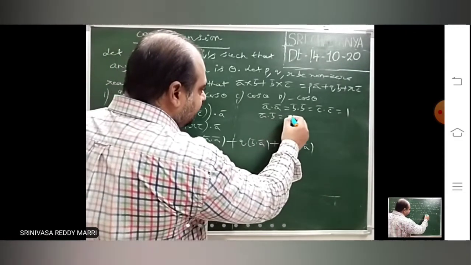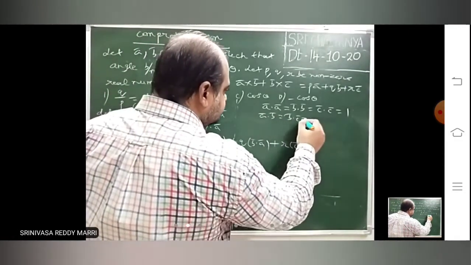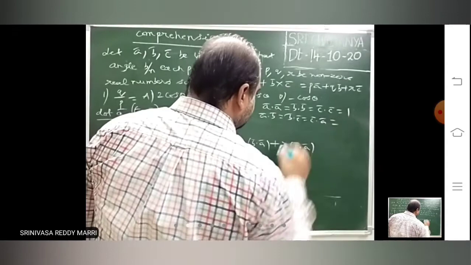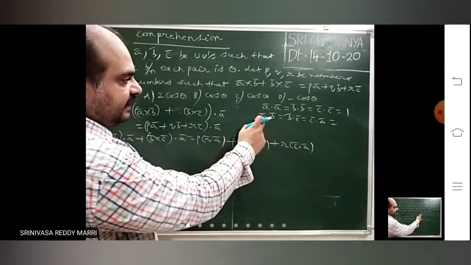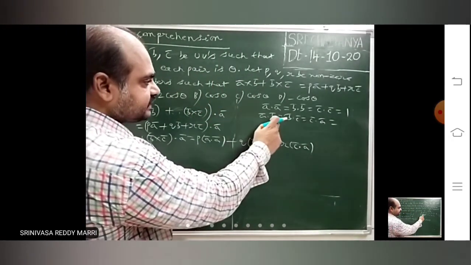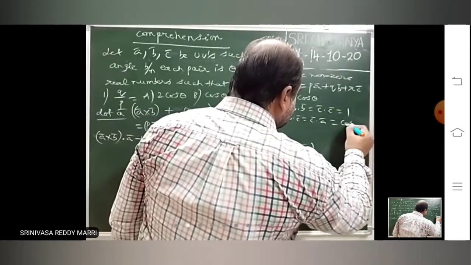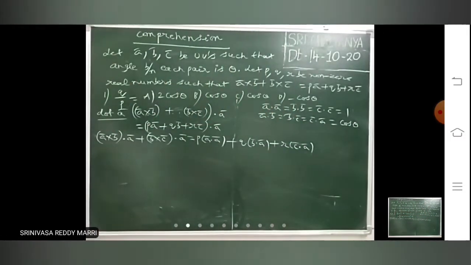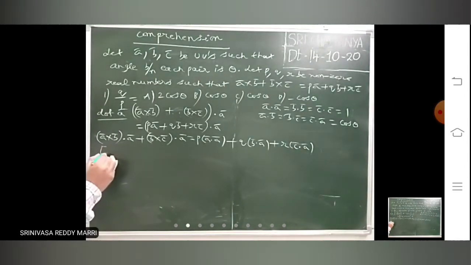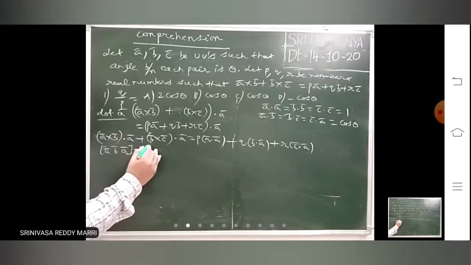If you get A dot B, B dot C, C dot A, because they are equally inclined, 1 into 1 into cos theta. So all these three are equal to cos theta. Now if you look here, this is box of A bar, B bar, A bar. This is the definition of box of A, B, C: A bar, B bar, A bar.